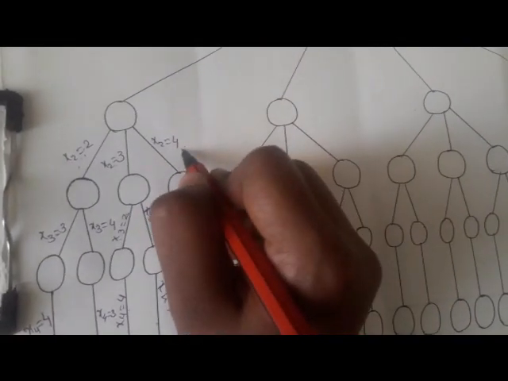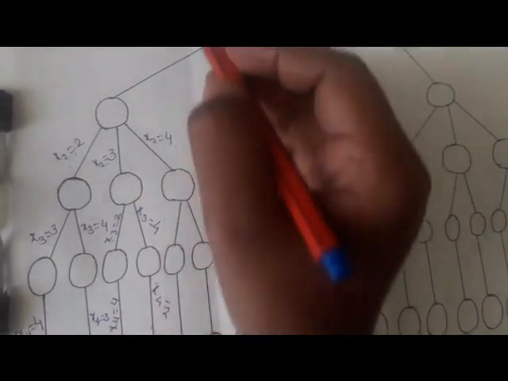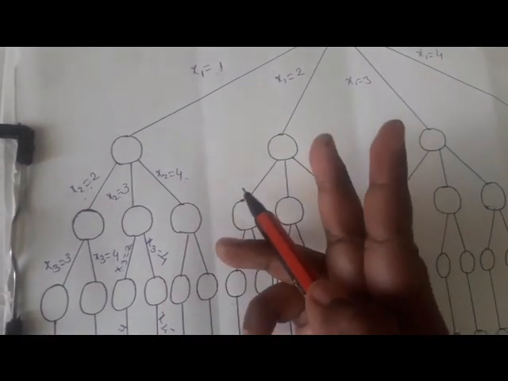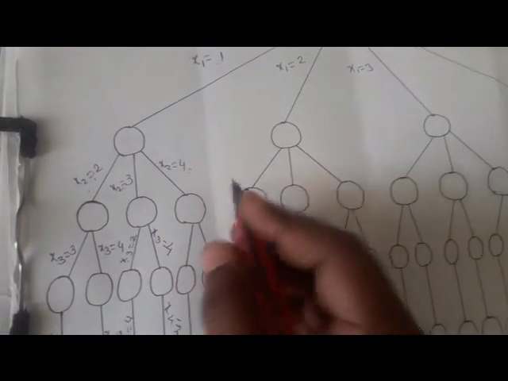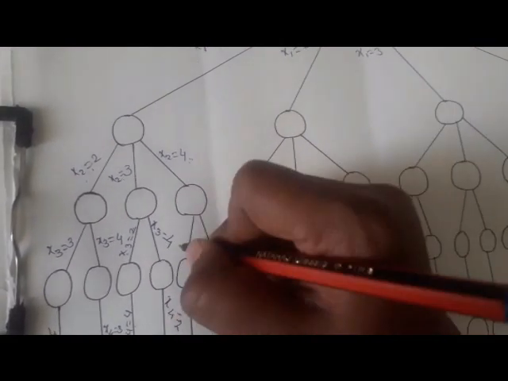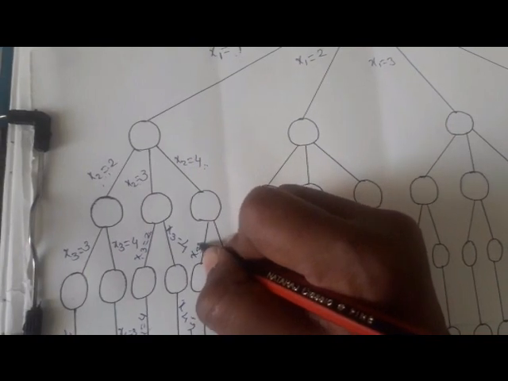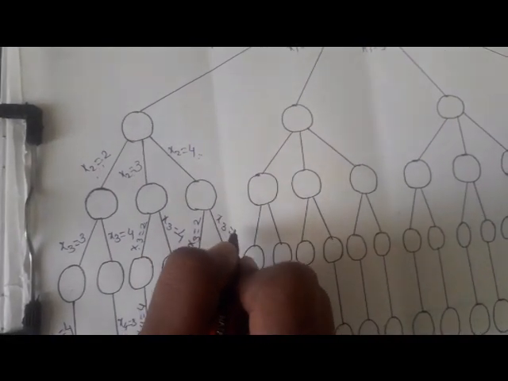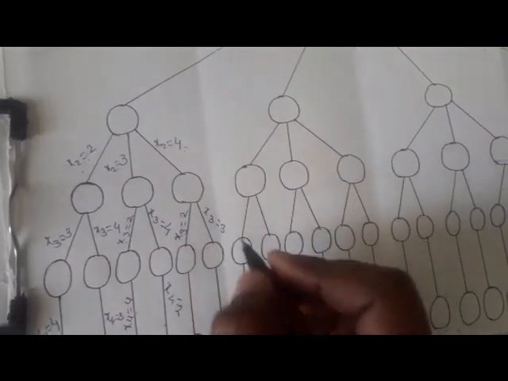Now x2 is equal to 4. Here the first row and fourth row are done, 2 rows are remaining, that is second and third. So these 2 paths are for x3 is equal to 2 and x3 is equal to 3.